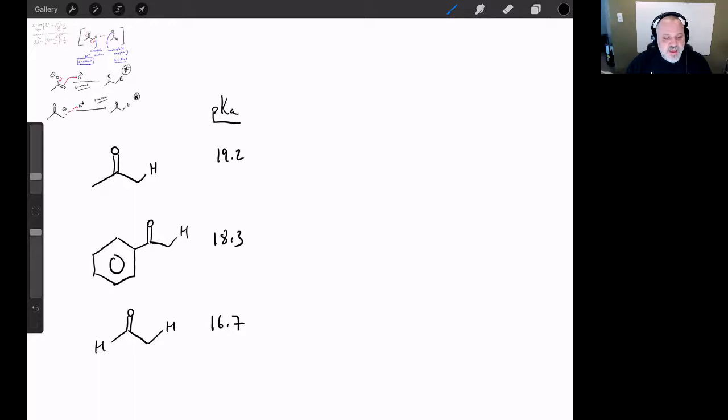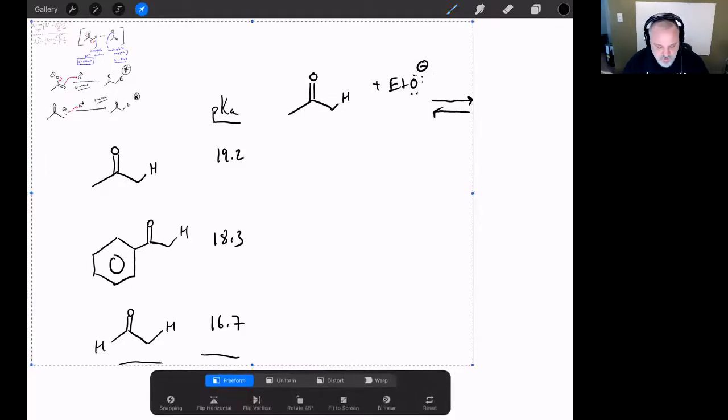Only acetaldehyde, only this last one, is even close to an alcohol, and it's still nearly 10 times less acidic than an alcohol. And so that's going to have some important consideration when it comes to different reagents that we can use as the base to deprotonate this and form an enolate.